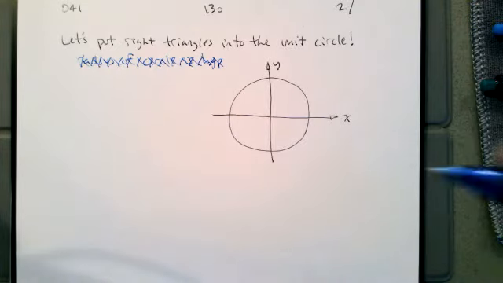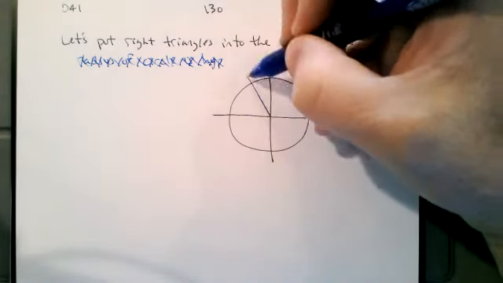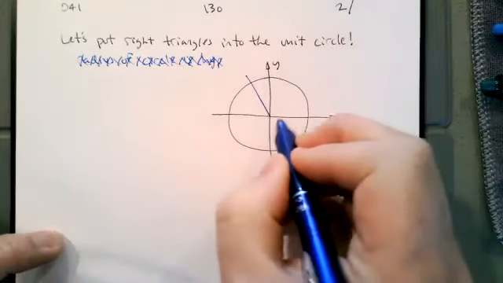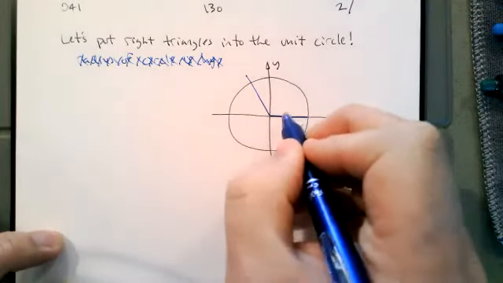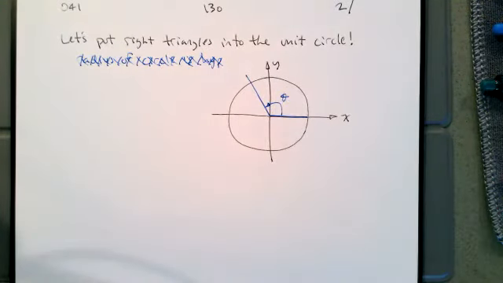Let's have an angle theta again. And I specifically want an angle theta that is too big to fit into a right triangle. So there's theta. Theta is greater than 90 degrees, too big to fit into a right triangle.